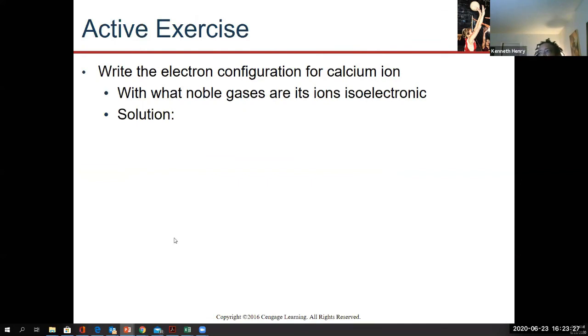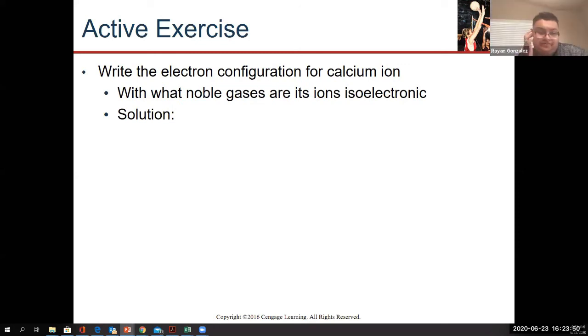Okay, so write the electron configuration for the calcium ion. This should be a piece of cake, and you guys can use the shortcut way, even though I don't show it. Who's my volunteer?